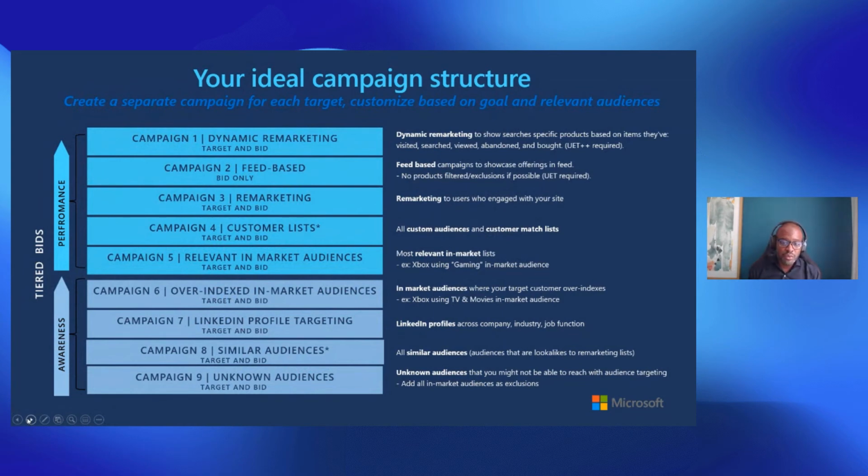If you don't really know your customers, this unknown campaign will generate clicks, which are actual users visiting your website. This is when I would suggest building audiences based on the user journey: landing page, account creation, abandoned cart, and then you can use these audiences in a remarketing campaign or a dynamic remarketing campaign.